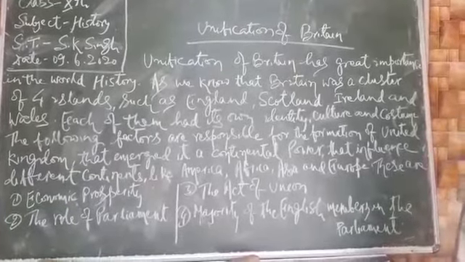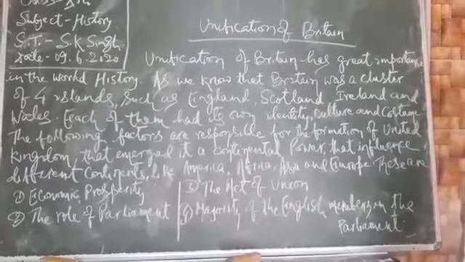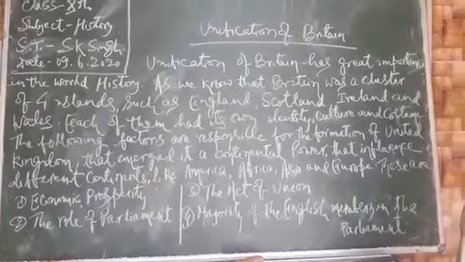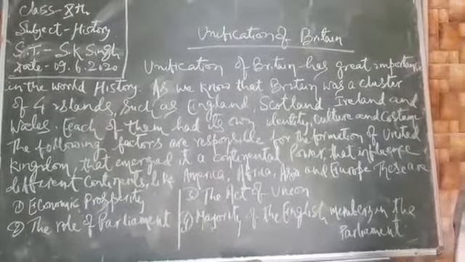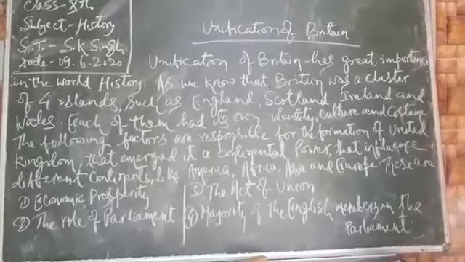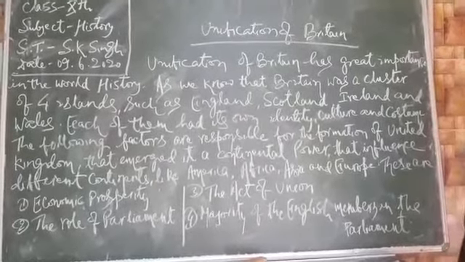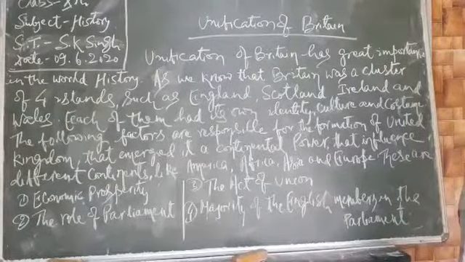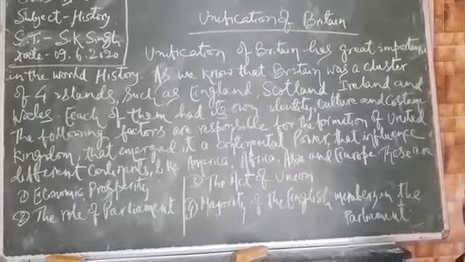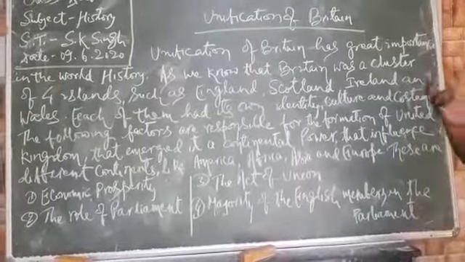Here we see that the formation of the United Kingdom emerged it as a continental power that influenced different continents. Here continental power means the country that influenced a number of continents.